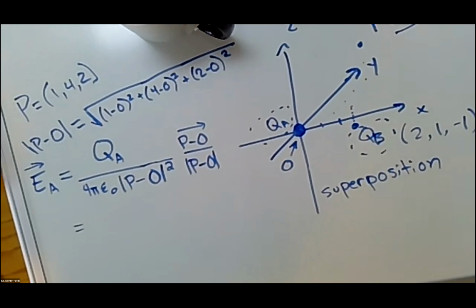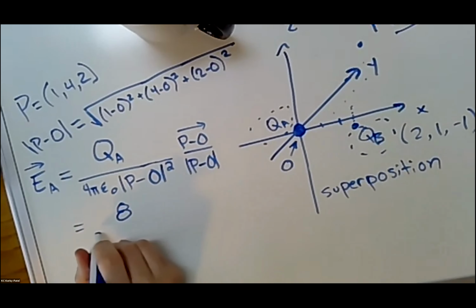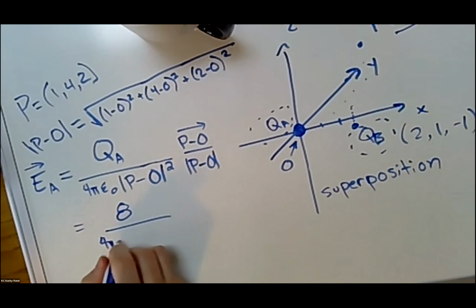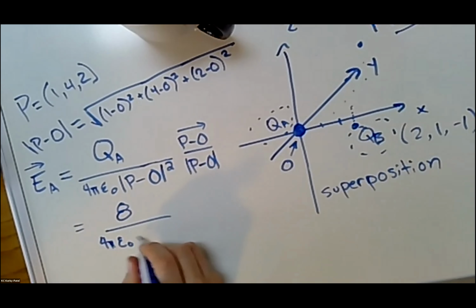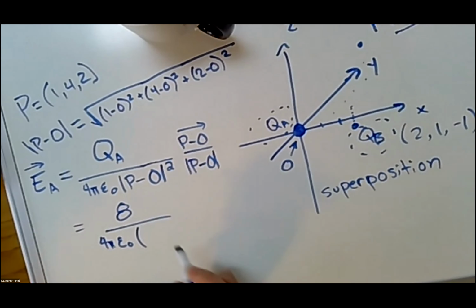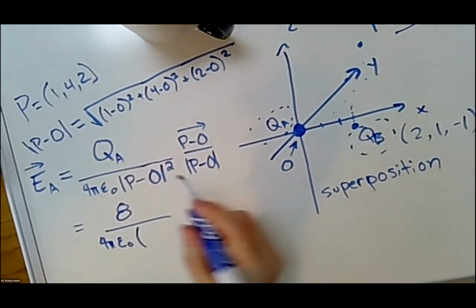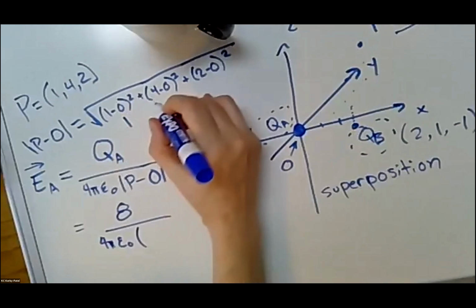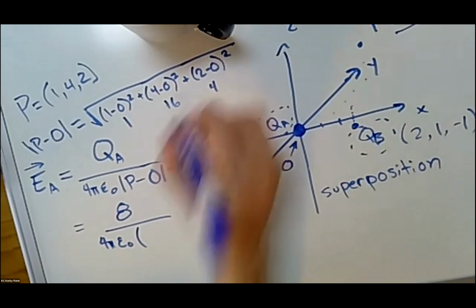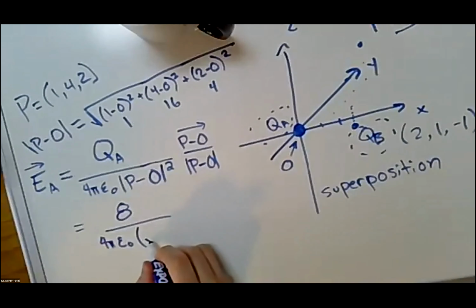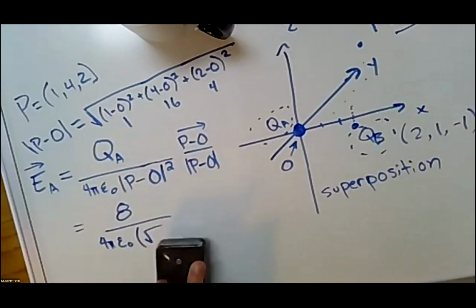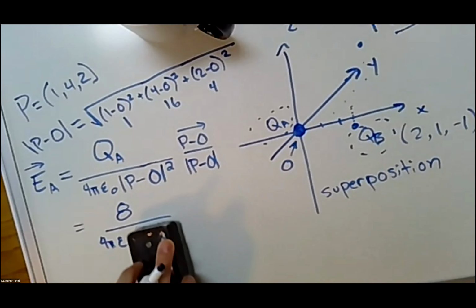So then what we end up with is 8 divided by 4 pi epsilon naught times, let's see, 1 plus 16 plus 4. So that's square root of 19 cubed. So we'll just write 19 to the 3/2.